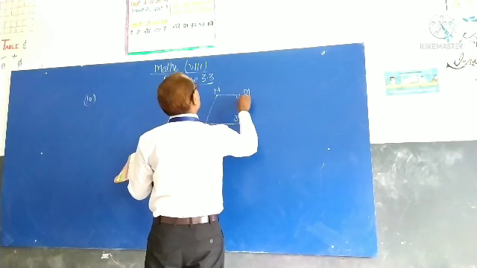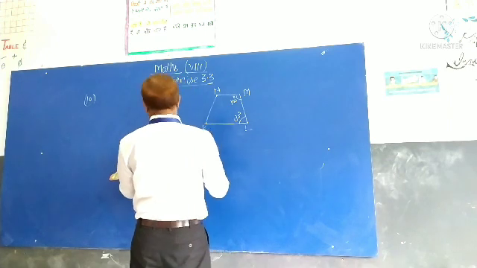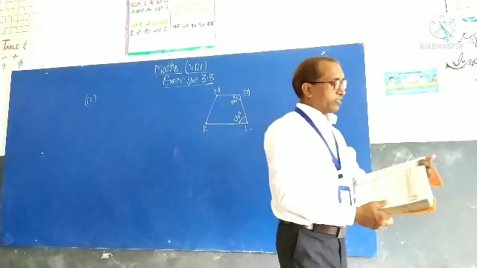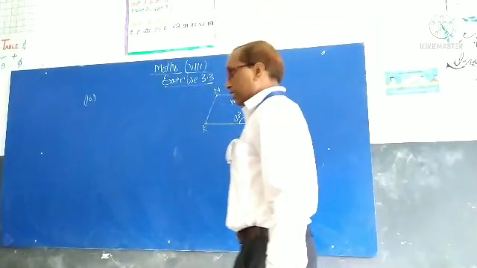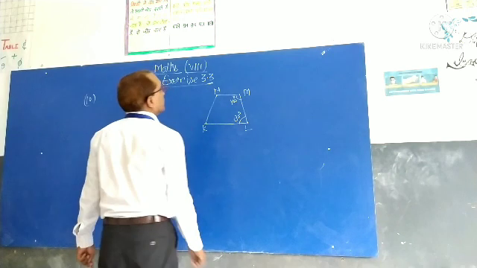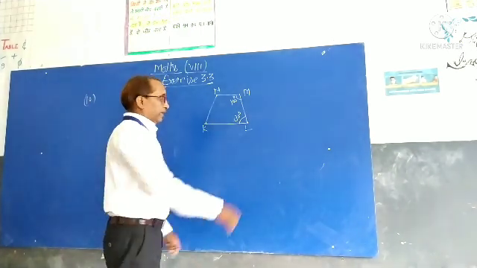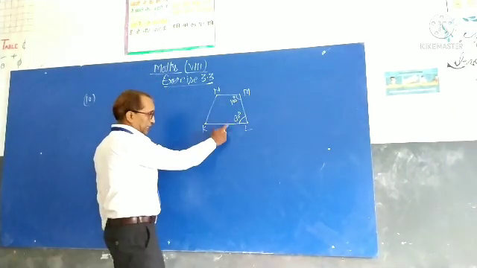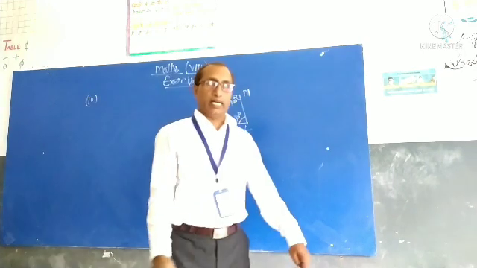Angle N is 100 degree. Okay, you find out which two sides are parallel in this figure. For this purpose, you add these two angles. If their sum is 180 degree, therefore this side and this side both are parallel to each other.